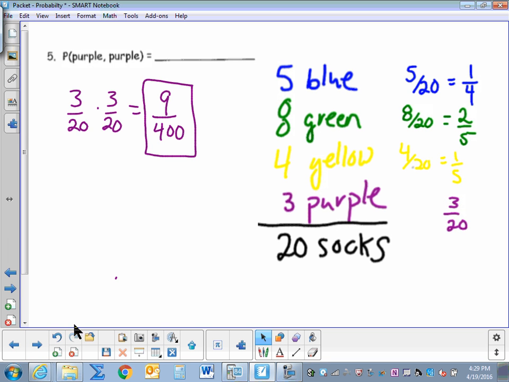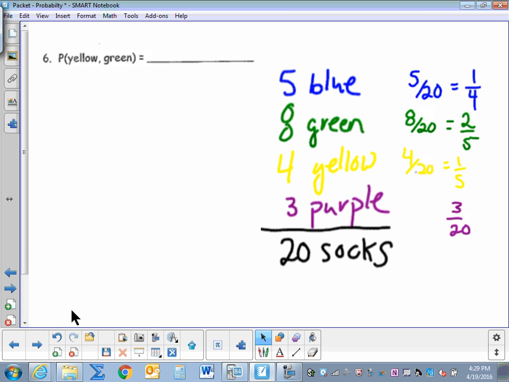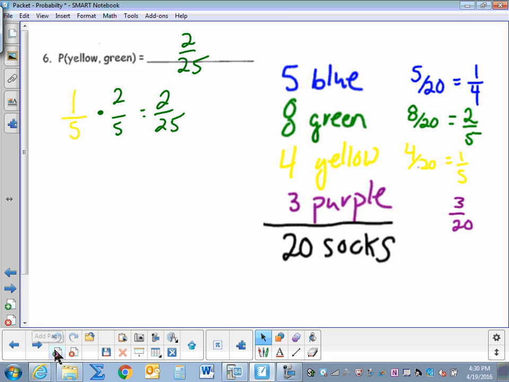Nine 400ths. And calculate the probability of pulling a yellow sock, replacing it, and then pulling a green sock. It's 2/25ths.